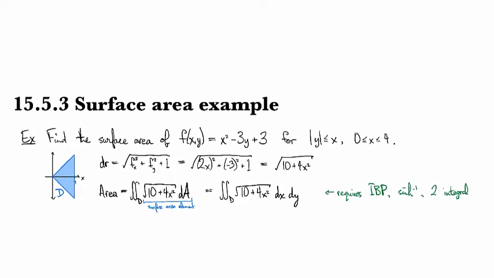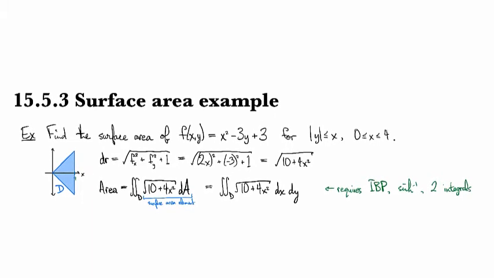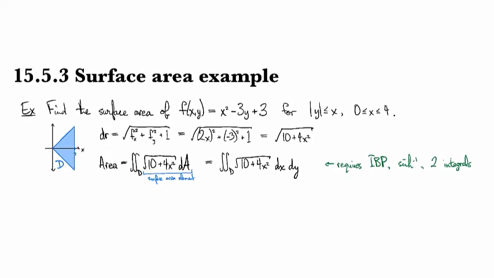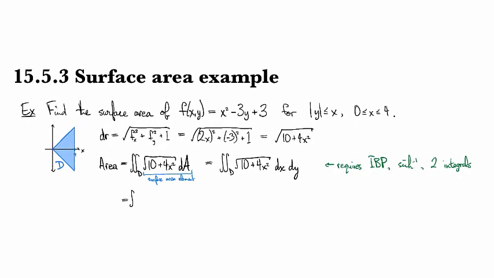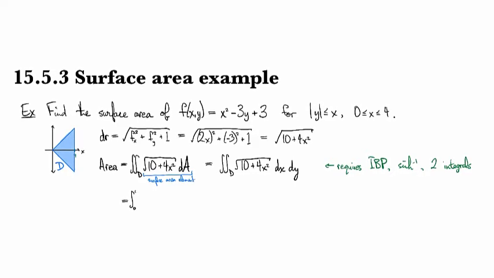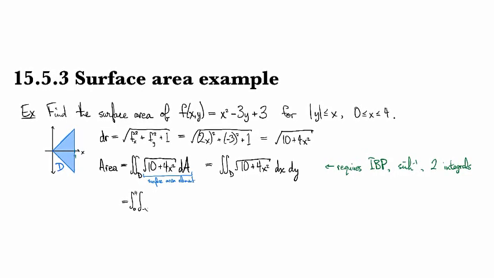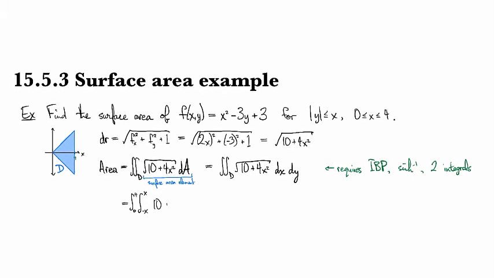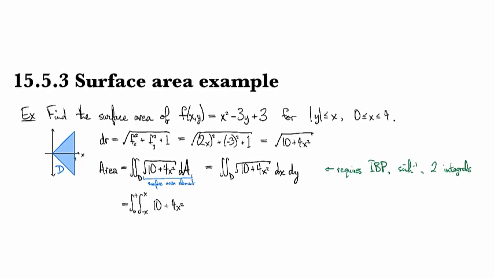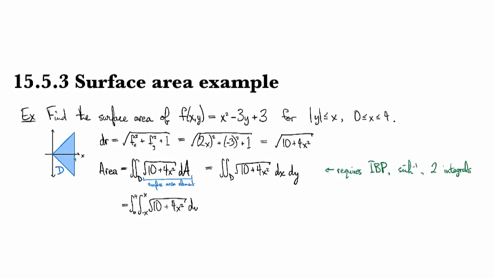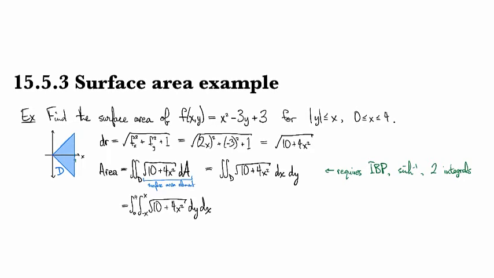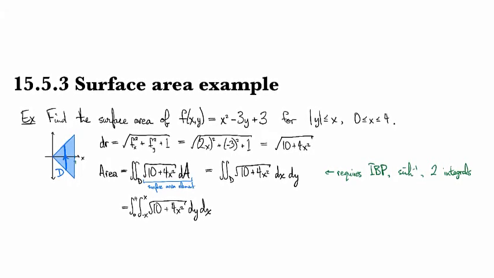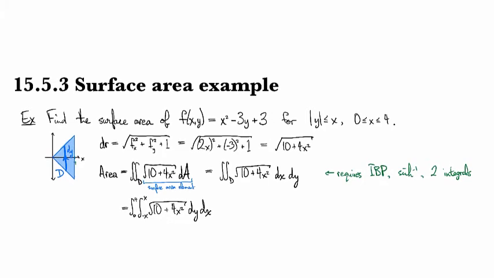Back up. Let's do it instead as the integral from 0 to 4, and from minus x to x, of the square root of 10 plus 4x squared, dy dx. So back in our figure, we're going to go that direction first, dy.